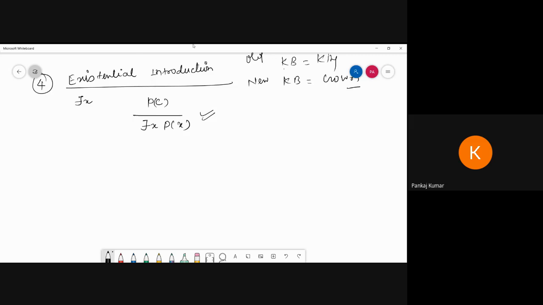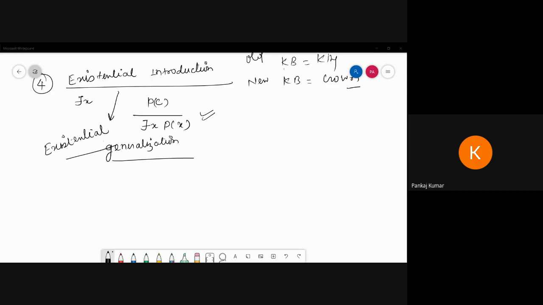So this one is called existential generalization. Okay, existential generalization. That is the meaning of that.